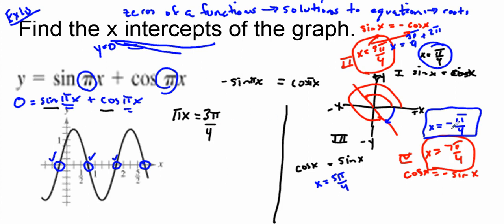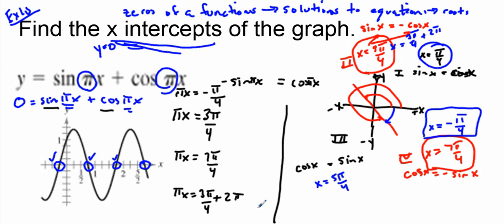Another one is pi over x when we have negative pi over 4. And we'll have another pi over x when we're at 7 pi over 4. And then another one right here, pi over x, when we have 3 pi over 4 plus 2 pi.